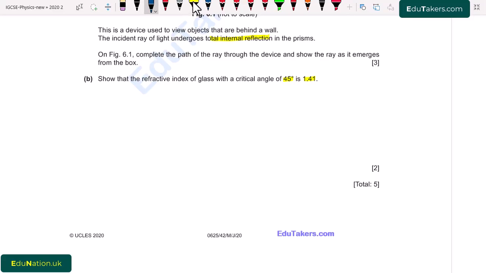We know that refractive index is represented by small n and the critical angle I represent with C. So n is equal to 1 over sine of the critical angle. Here C represents this angle, and when I put the values here, it comes to be 1 over sine of 45 degrees, and its value comes to be 1.41. So the refractive index of glass comes to be 1.41.